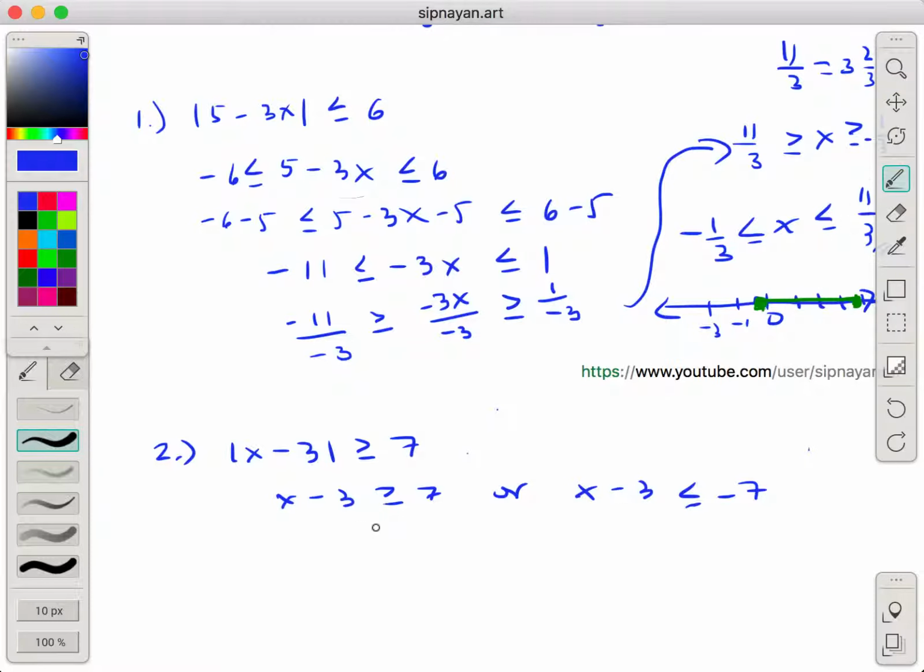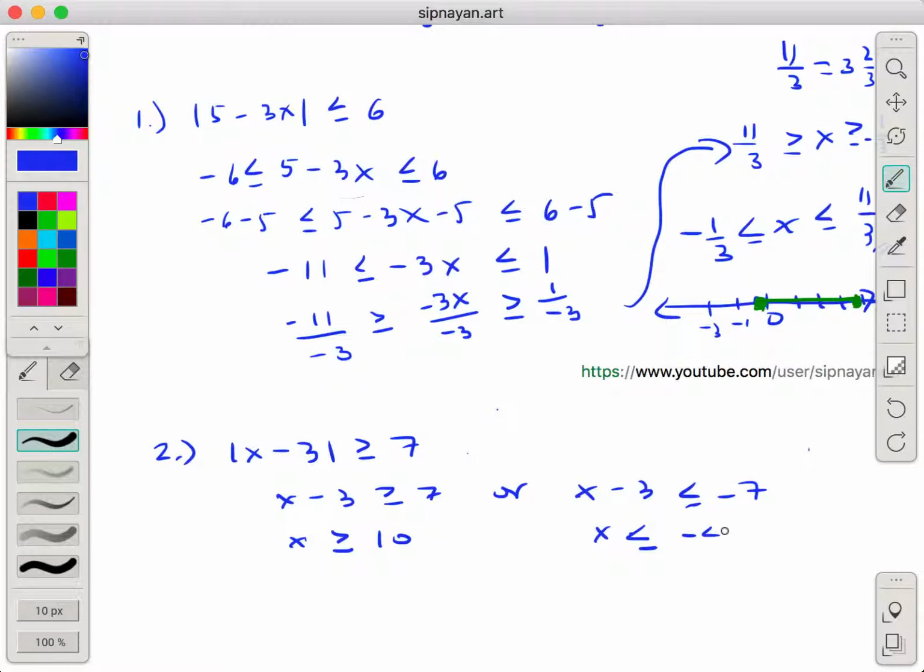So we add 3 to both sides. x is greater than or equal to, when I add 3 here, I also add 3 here. The minus 3 disappears because minus 3 plus 3 is 0. So it is greater than or equal to 10. Then for this one, when I add 3, x minus 3 plus 3 becomes 0 again. It is less than or equal to, what is negative 7 plus 3?